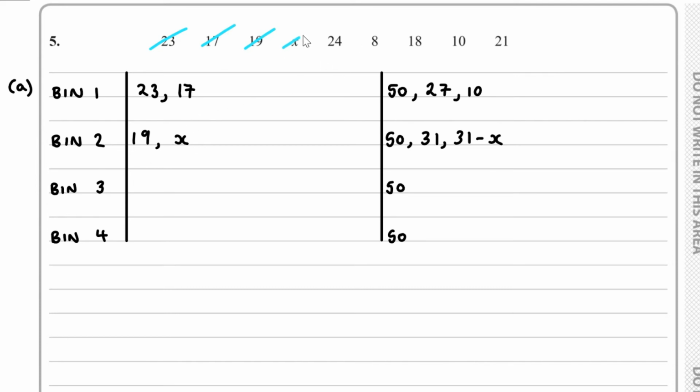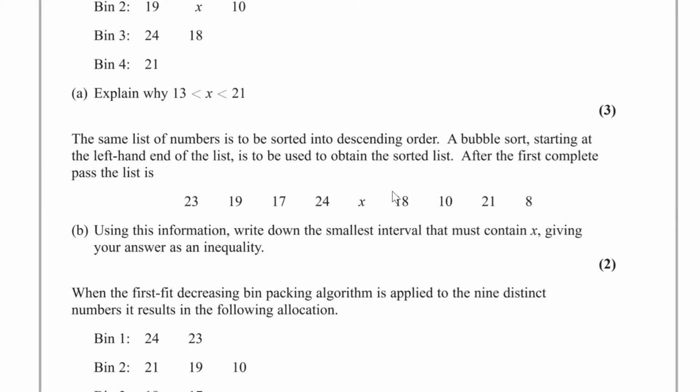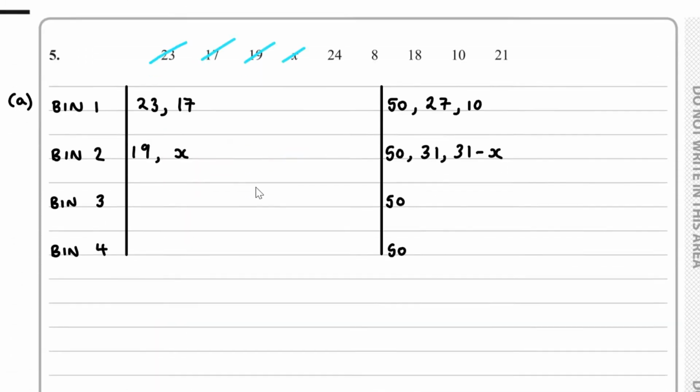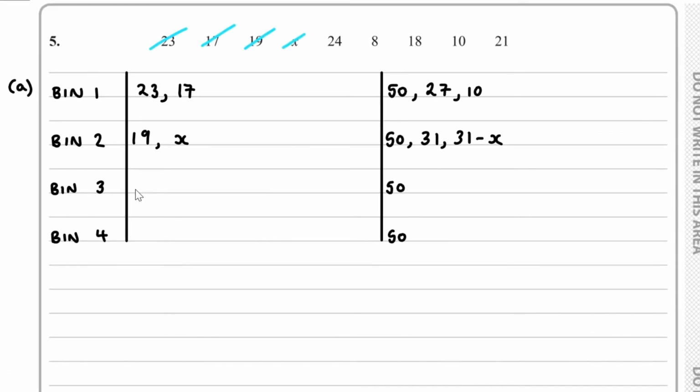So let's cross this out. Now if we take a look at the 24, 24 goes into bin 3. So we place 24 over here, and therefore the space left over here will be 26.